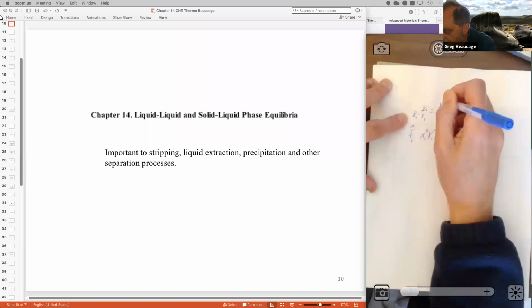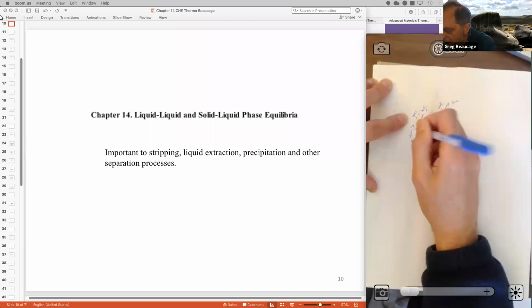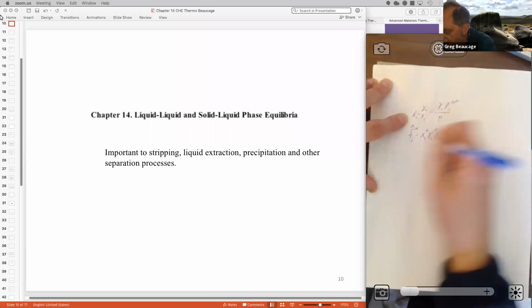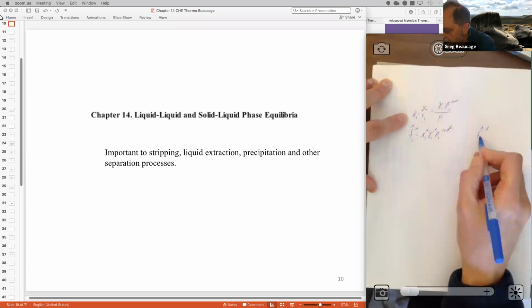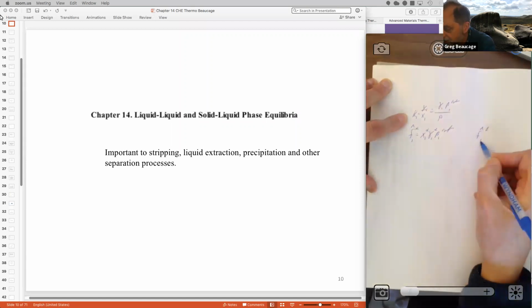So we have an alpha phase f1, and we can also have a beta phase. The caret means fugacity of a component in a mixture, and the phase is this beta phase.